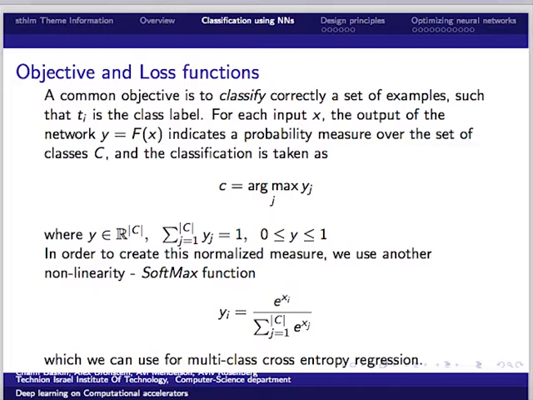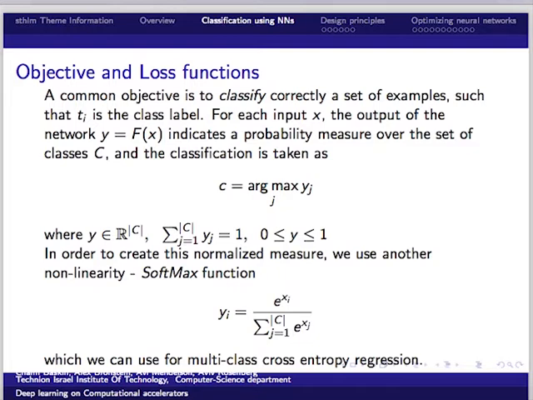Okay, so in order to create this normalized measure that we need for classification, because we need a number between 0 and 1, we use some nonlinearity. It's the softmax function. We have talked a little bit about it in the last lectures.